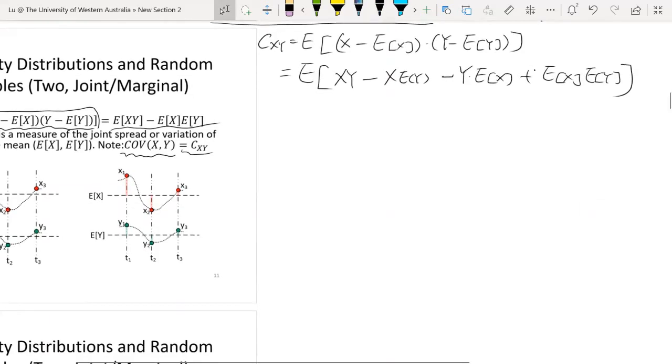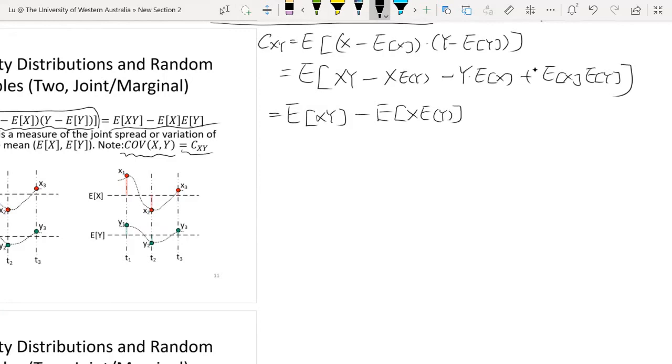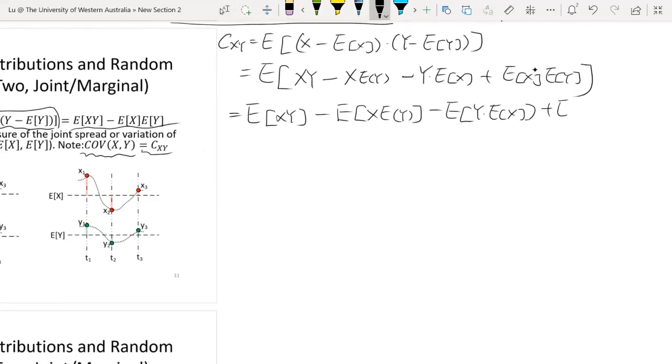Next step, because inside of the square brackets we have just the summation or subtraction between different terms, the expectation operator can be given to each of these four terms. So this is converted to the expectation of the first term, minus the expectation of the second term, minus the expectation of y by Ex, plus finally the expectation of Ex Ey.